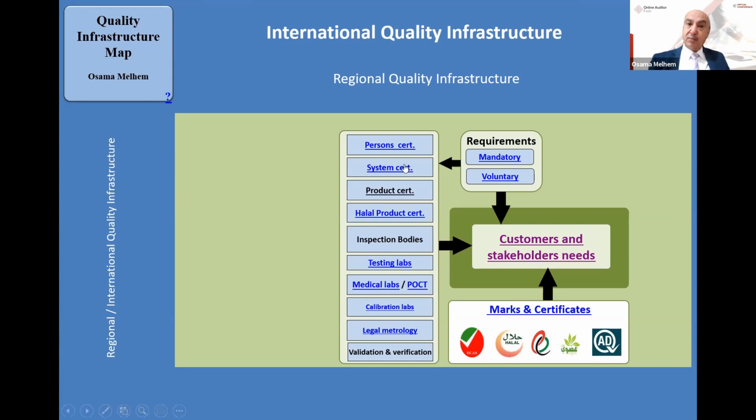Now, this column, we call it the conformity assessment bodies again. So we have here the market. We have here the certificates and the marks. To enable the manufacturers to fix the marks, they have to meet the requirements issued by the authorized bodies, and they have to be checked or verified, okay, by the conformity assessment bodies.